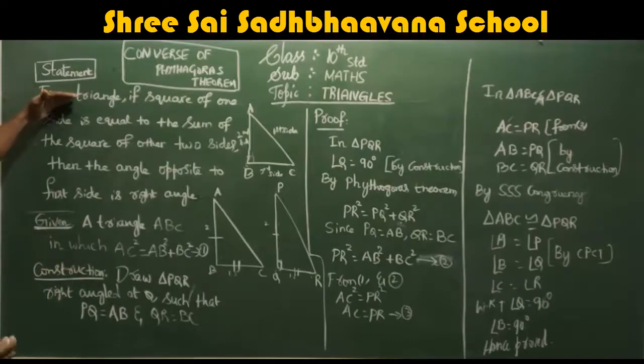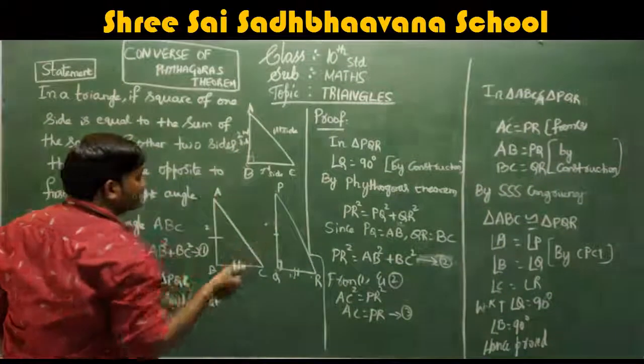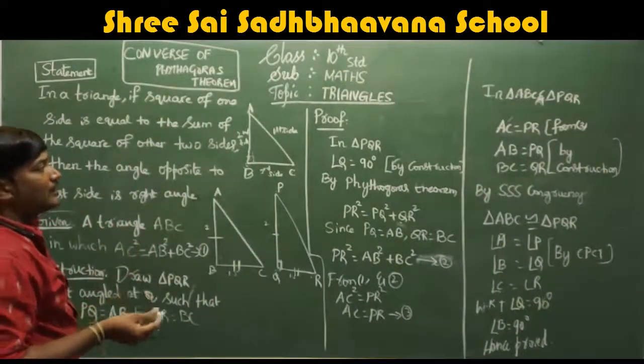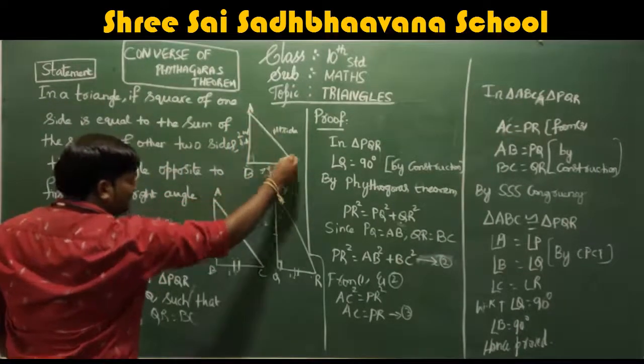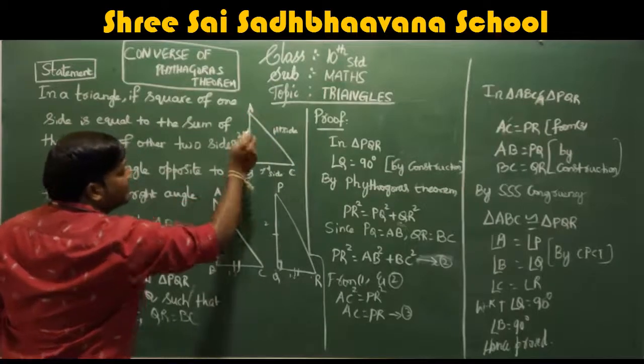In a triangle, if the square of one side is equal to the sum of the squares of the other two sides. I'm assuming that in a triangle ABC, the first side is the longest side, AC, the hypotenuse, so that I'm taking the first side, second side, and third side.